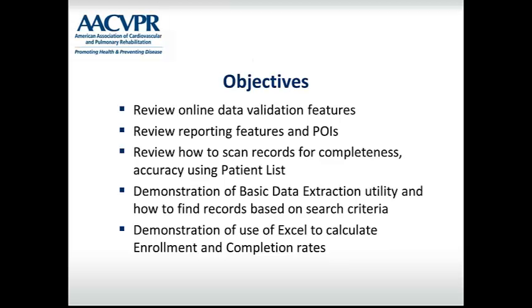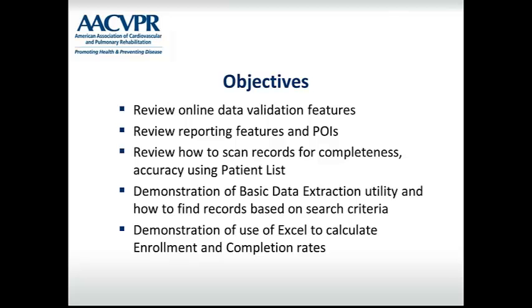So what I'd like to do today, this is our roadmap, is review some of the online data validation features in the registries. I'm going to review some of the reporting features and points of interest in each of the reports. We're going to review how to scan records for completeness and accuracy using the patient list table in the registry.